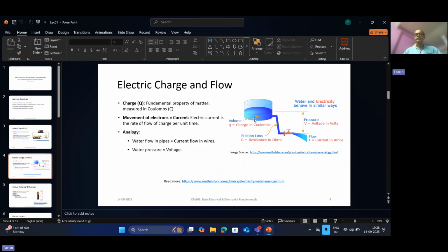Here, the volume of water is equivalent to the charge in coulombs, the friction loss in the pipe is equivalent to the resistance in ohms, the flow of water is equivalent to current in amperes, and the pressure difference is equivalent to the voltage in volts.